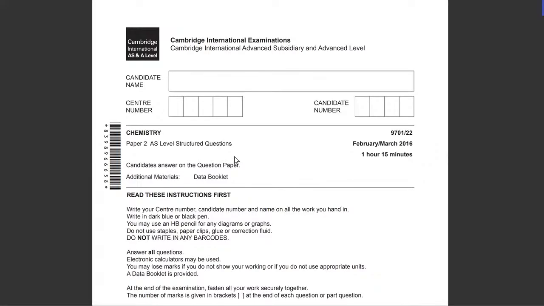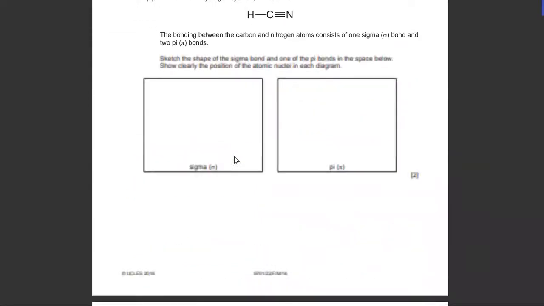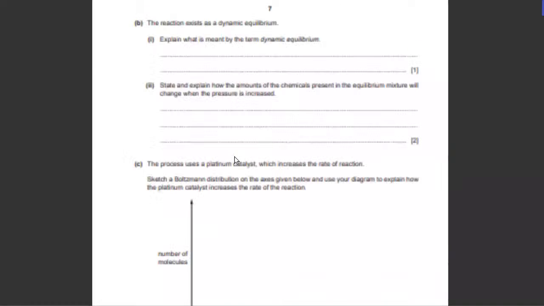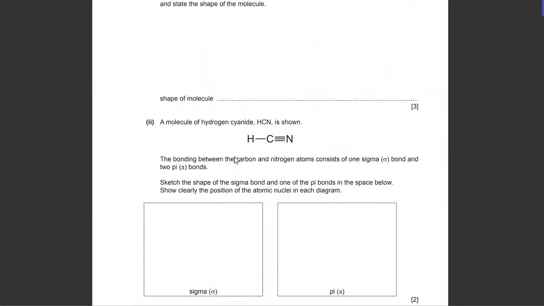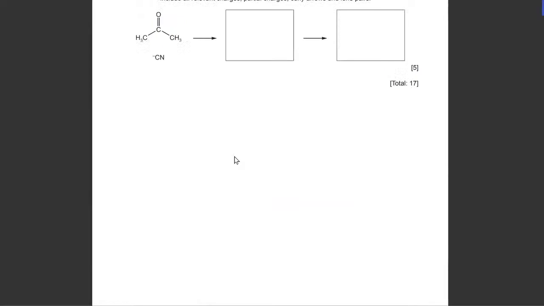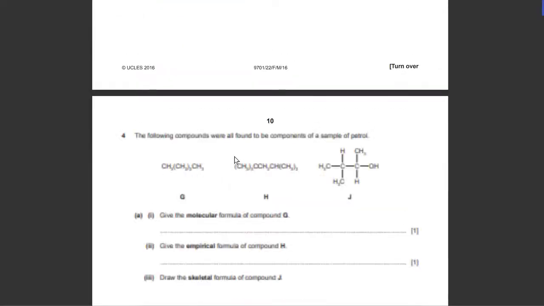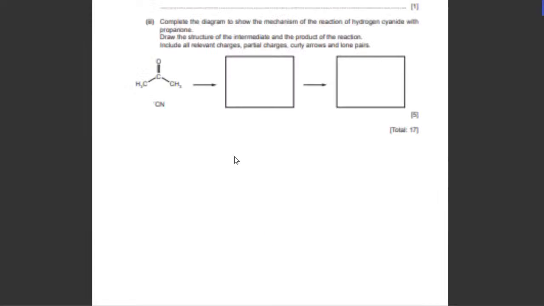Achha, now this one is organic comp. I think this one. Not organic. अच्छा, this part is organic. उसको अगला question organic है. So let's try and do this one.